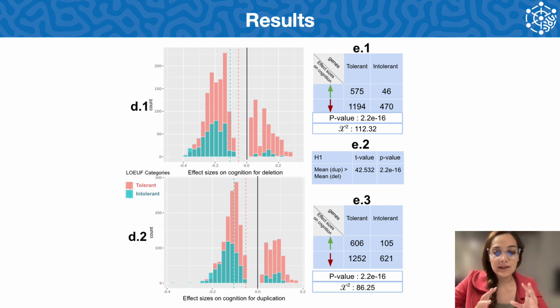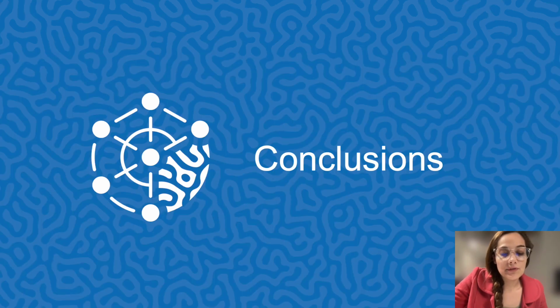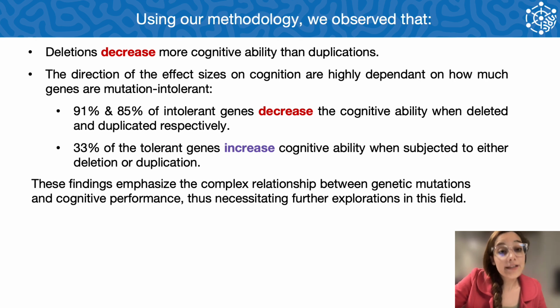To check if these differences are significant, we did a t-test and chi-square test. What we found is that deletions decrease cognitive ability more than duplications, and the test showed that this is significantly different.